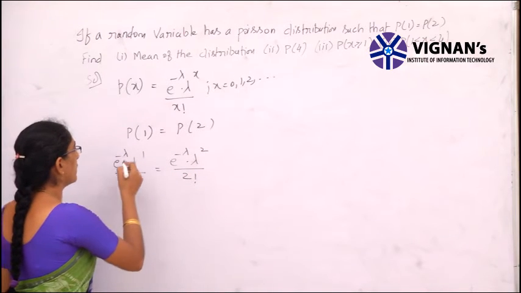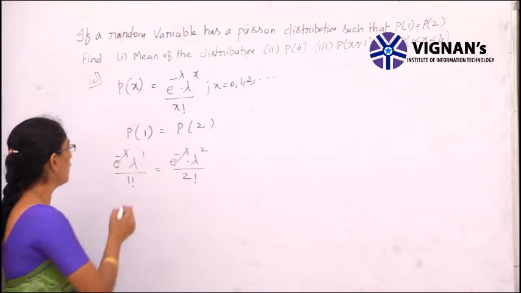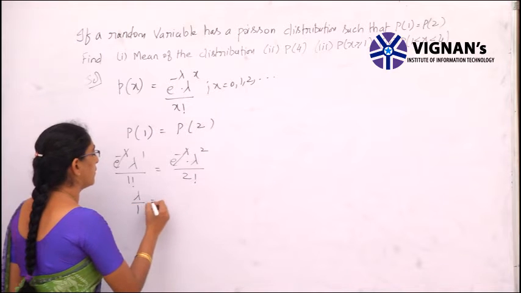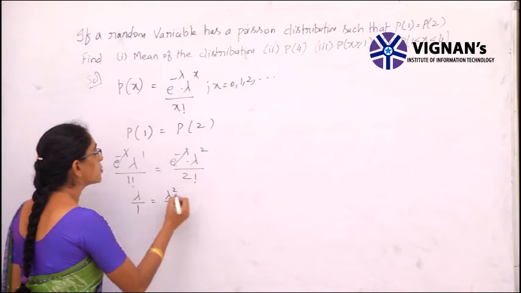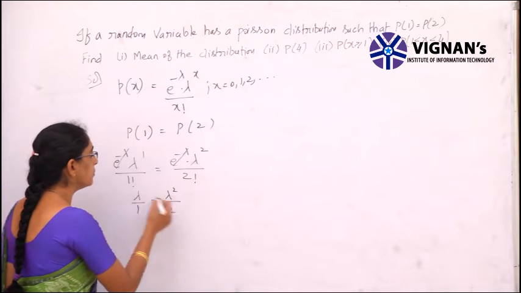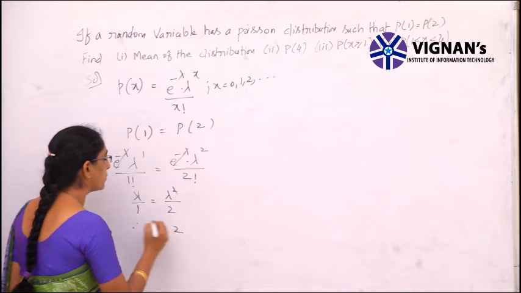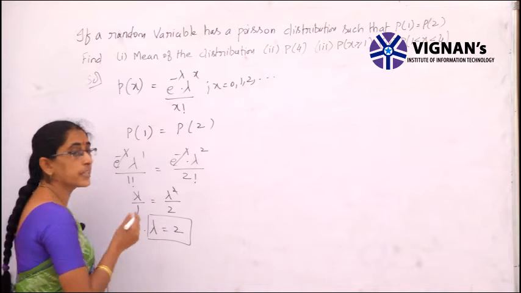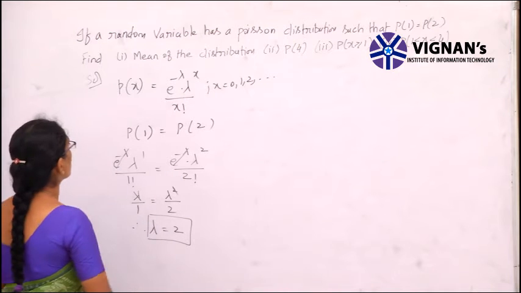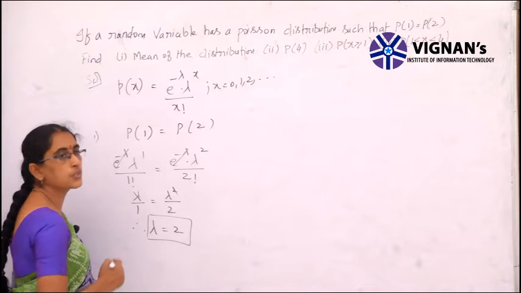To simplify, e power minus lambda gets cancelled, lambda power 1 is lambda, 1 factorial is 1, and lambda square by 2 factorial is 2 into 1. Now the lambda can also get cancelled. So that implies lambda equals 2. Lambda equal to 2 is nothing but the mean of the Poisson distribution. So the first bit: the mean of the Poisson distribution is 2.